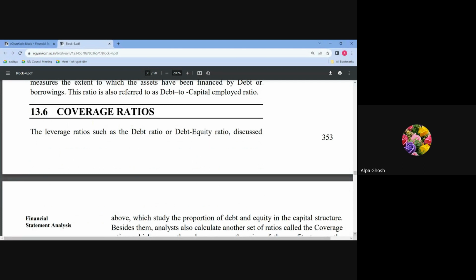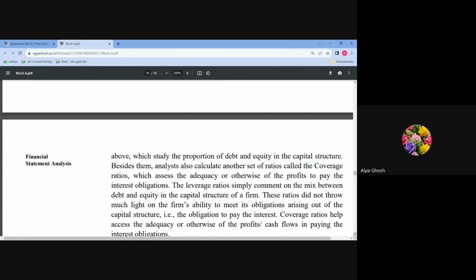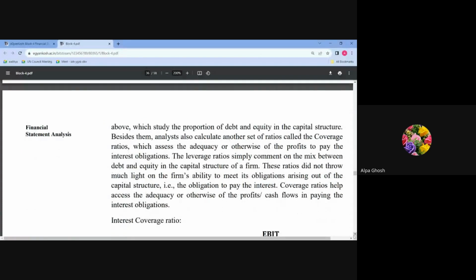Next, we come to the coverage ratios. So we know what is debt and equity ratio. Debt and equity tries to study the proportion of debt and equity in the total capital structure of the firm.